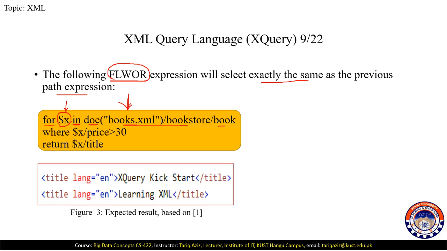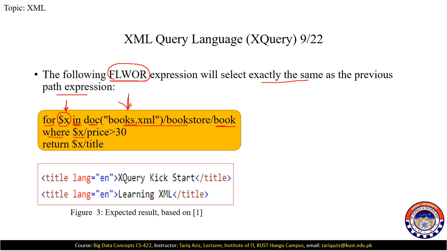Okay, so now in the where clause we set a condition. What condition? Now in $x, this is our variable, inside this variable we have all the book elements, because a couple of minutes before I said that the in expression will retrieve each and every item from here. So in this case, the book items will be retrieved, and then these items will be stored into this variable $x.